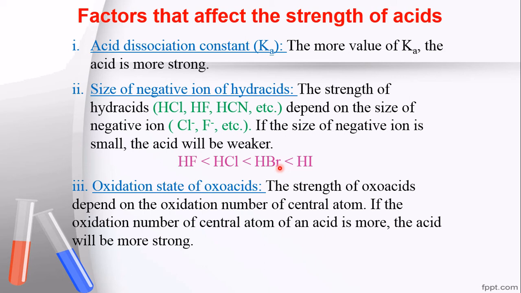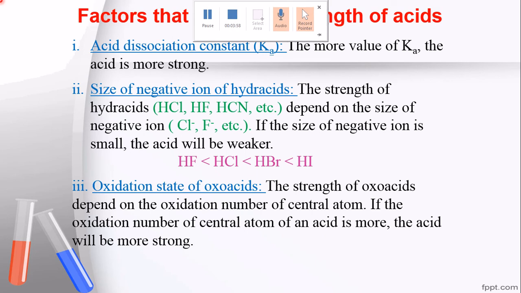Now, you have to look at the oxidation number of this central atom. If the oxidation number of the central atom of an acid is higher, the acid will be stronger.